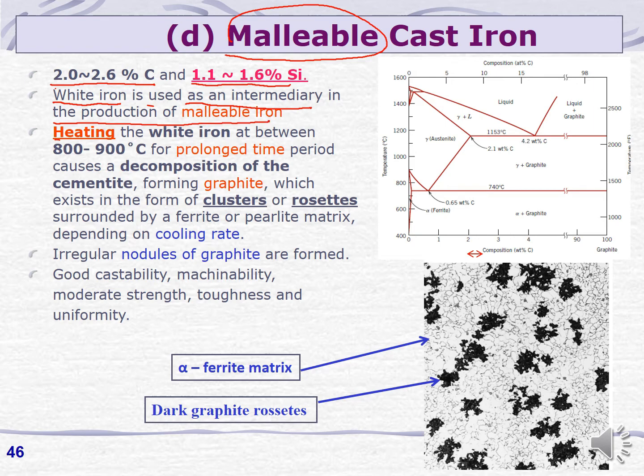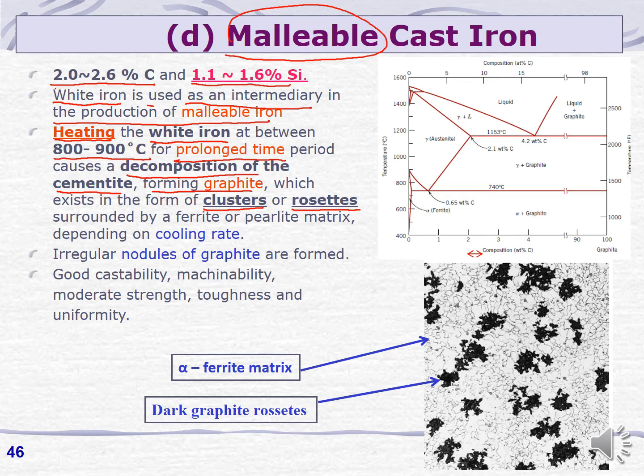We start with heating the white cast iron at a temperature between 800 to 900 degrees C for a prolonged time. This causes a decomposition of the cementite and forms graphite, which exists in the form of clusters or rosettes.